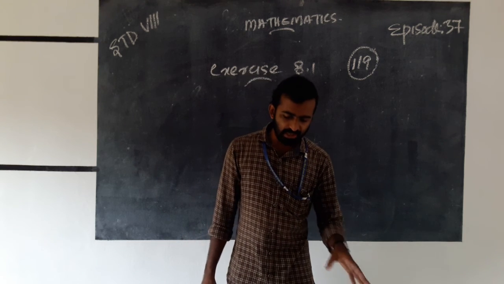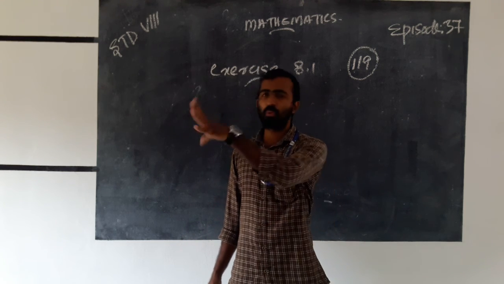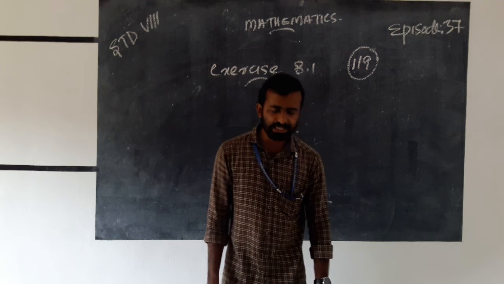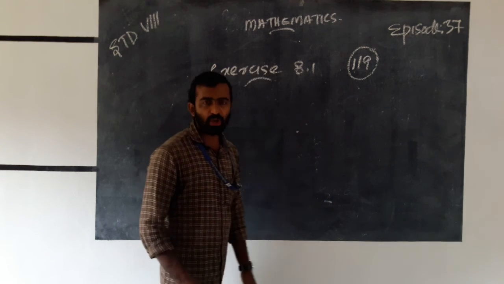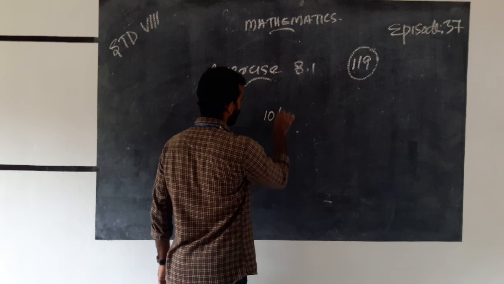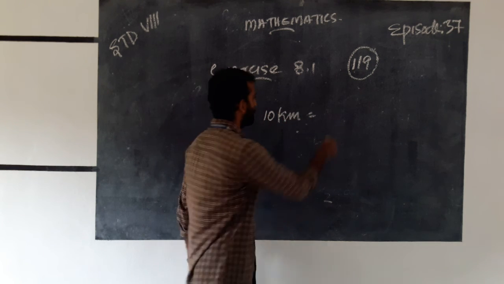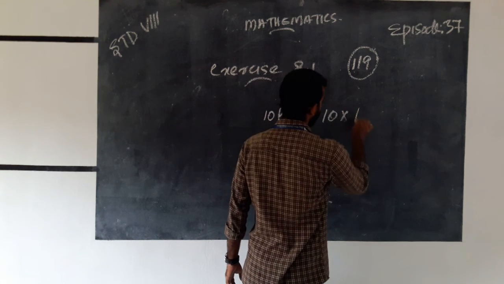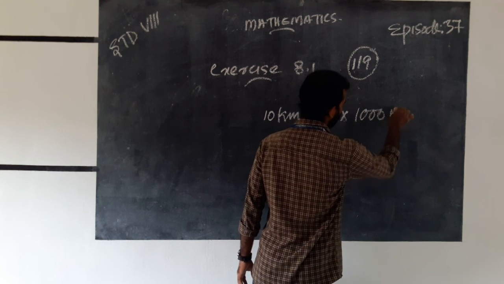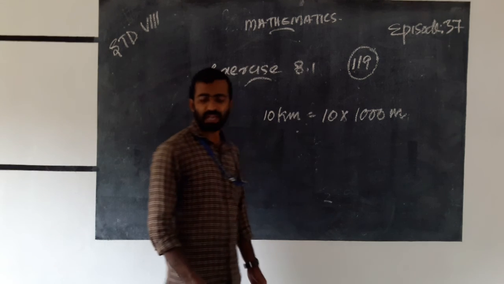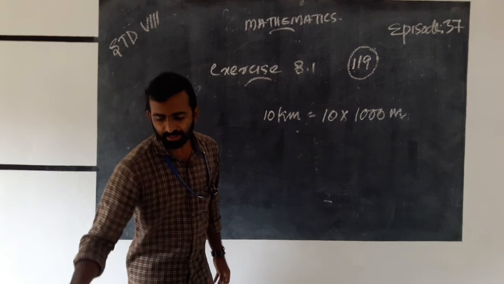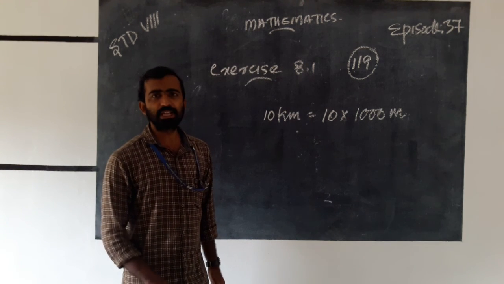Another way is we convert 10 kilometer into meter. That is, 10 kilometer equals 10 into 1000 meter. Is it clear?